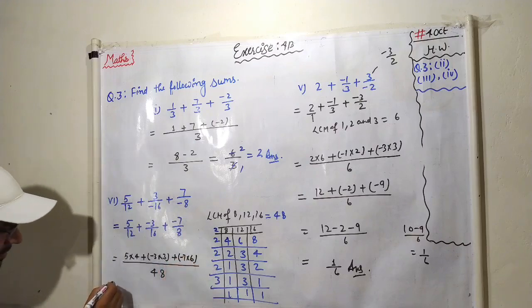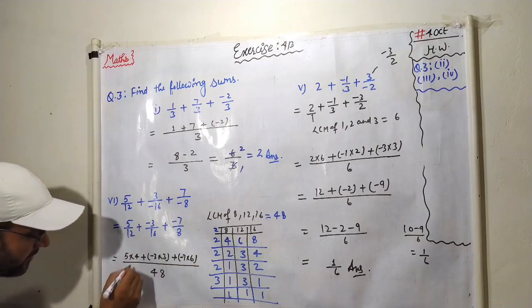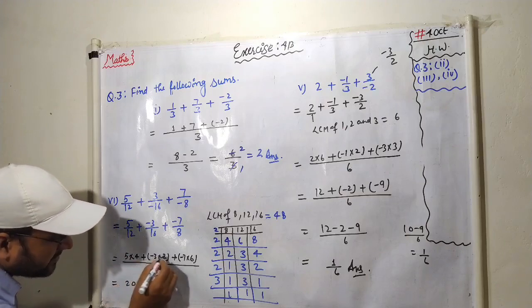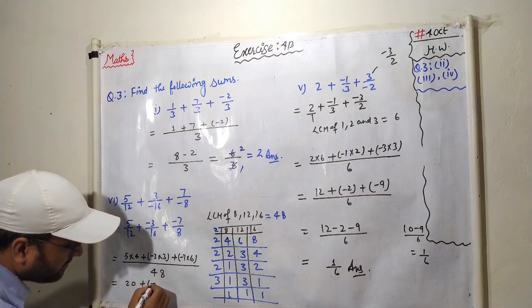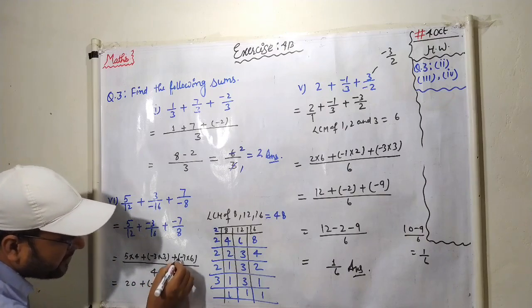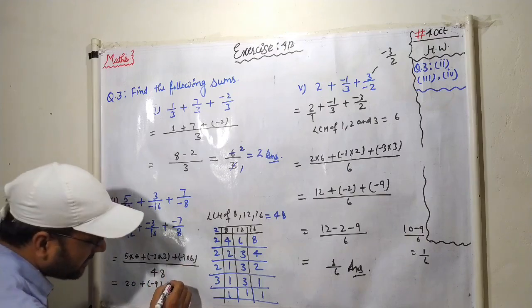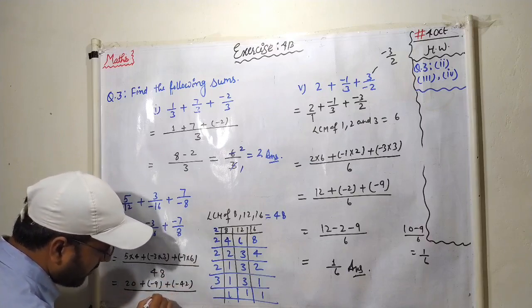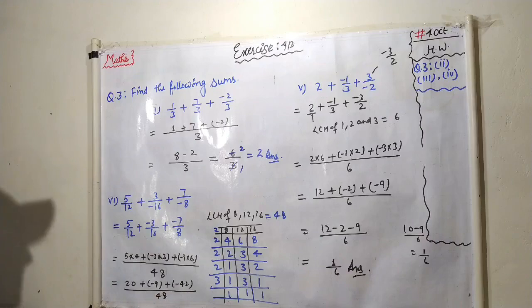In the next step, you will get 5 4s are 20, plus minus 3 multiplied into 3, you will get minus 9, plus minus 7 multiplied into 6, minus 42, upon 48.